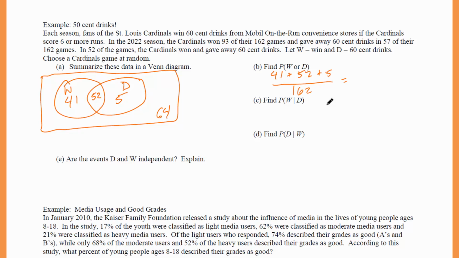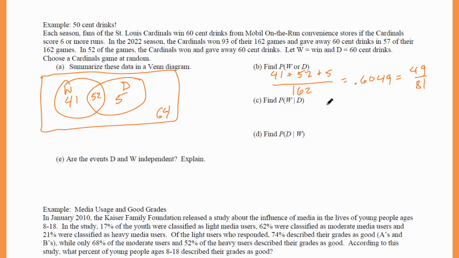So 41 plus 52 plus 5 divided by 162 should be 0.6049 or so. If you prefer a fraction, you could say 49 out of 81. Again, either of those are fine, or write it as 60.49%.